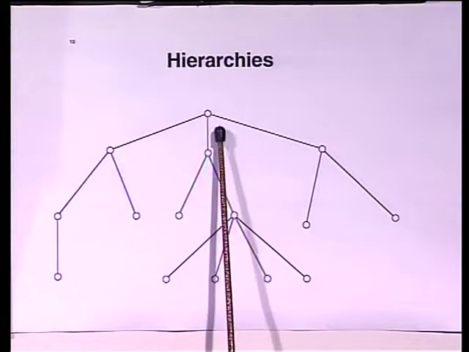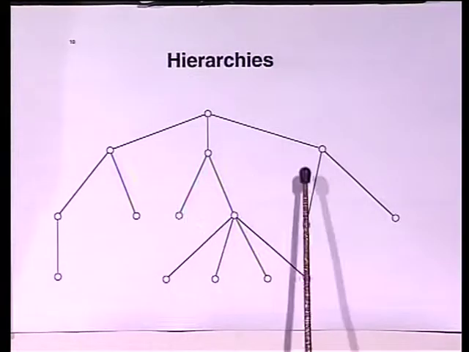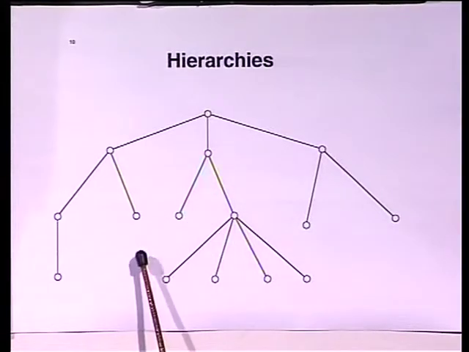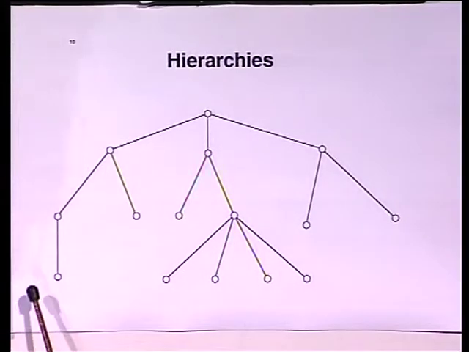The abstract thing that such a hierarchy might be represented by is a diagram of this type. So I've removed all the names on the nodes of the hierarchy, but this is the abstract object that might be called a hierarchy.